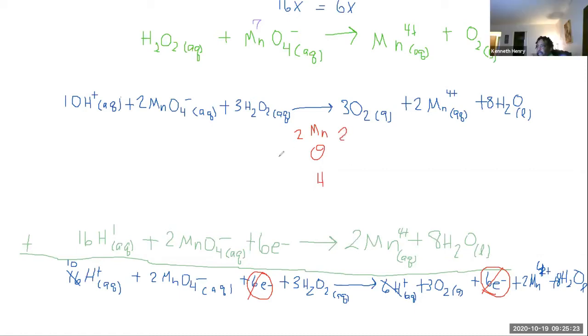On the reactant side, how many oxygens? So we have 8 plus 6, is 14. Is that correct? And on the product side, 6 plus 8 is 14.